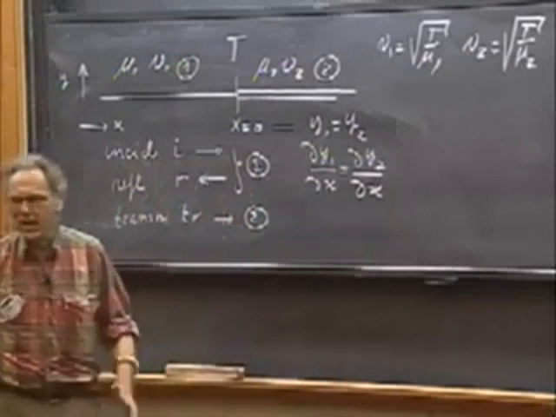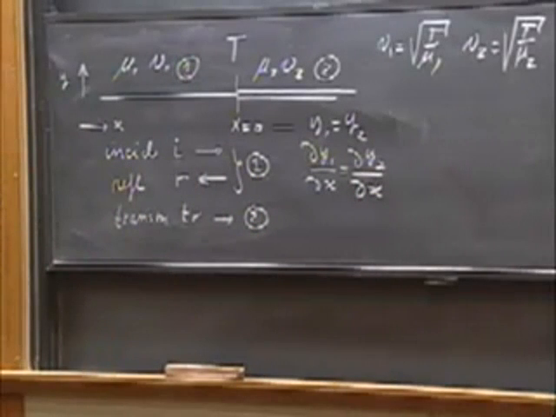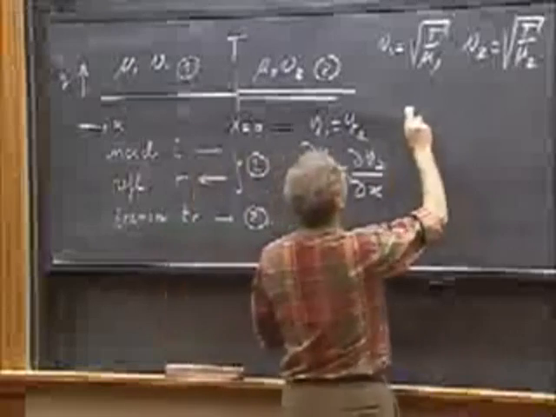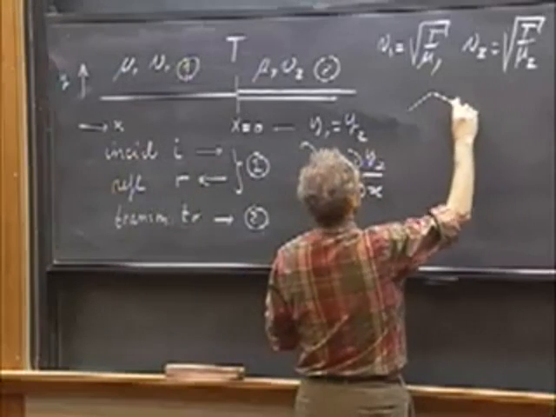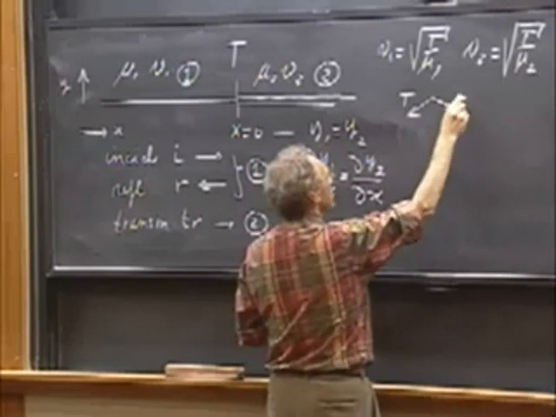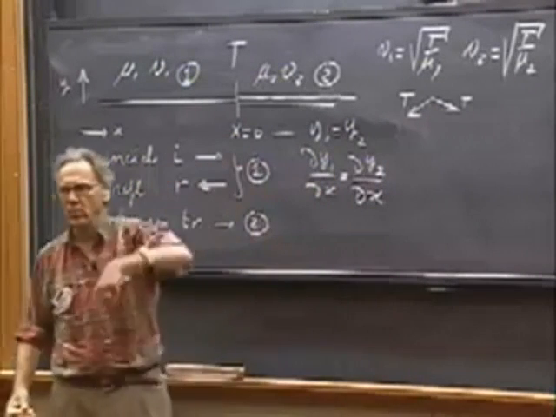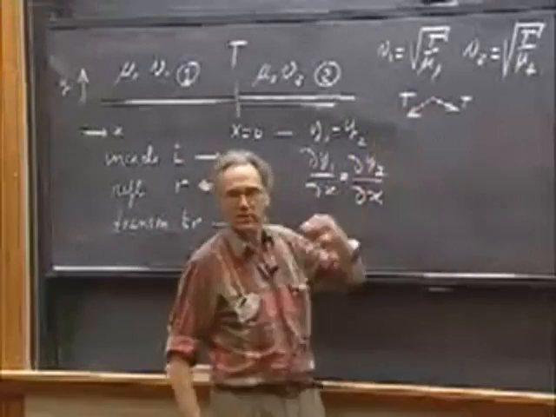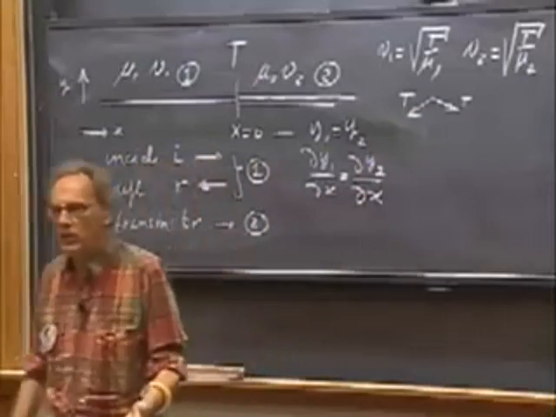If that were not the case, there would be a kink in the rope at the junction, and a kink would mean that there is a tension here and a tension here, which would give a net force down, but the junction itself has 0 mass. And so that would give an infinite acceleration.